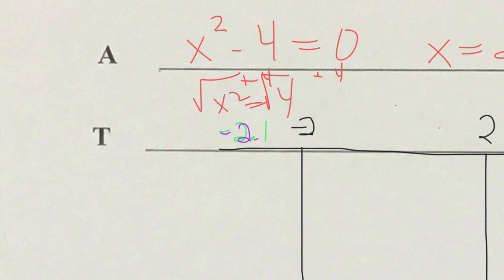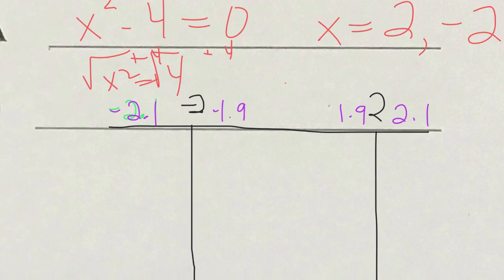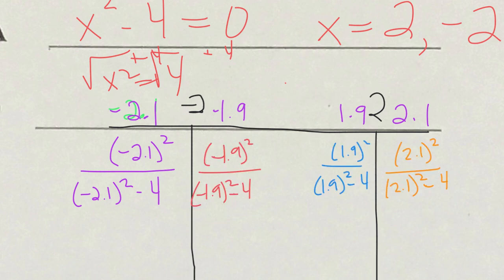Let's plug in negative 2.1 and negative 1.9 and see what we get. And then we'll plug in positive 1.9 and positive 2.1 and see what we get. Okay. Remember, we are going into our equation. So negative 2.1 squared divided by negative 2.1 squared minus 4. Okay, same thing for all 4 of these values.